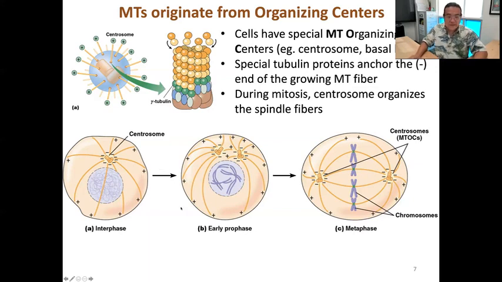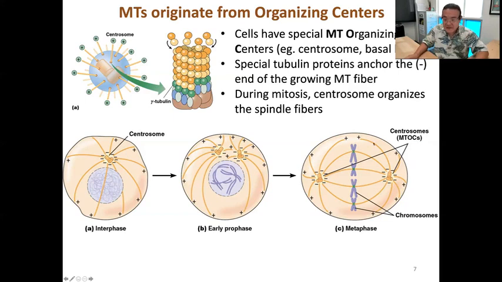So once the cell enters mitosis, you have two sets of centrosomes now, and these centrosomes begin to migrate to either side of the cell. Importantly, what's going on inside the nucleus, now during prophase, you have the chromosomes beginning to really condense, in preparation for being divided up, or allocated to either side.